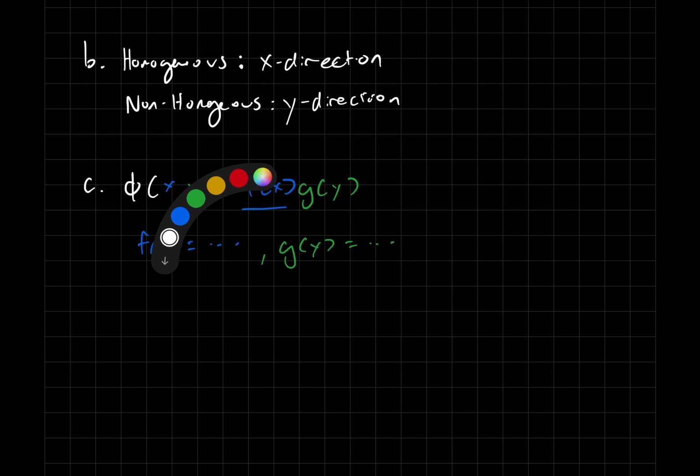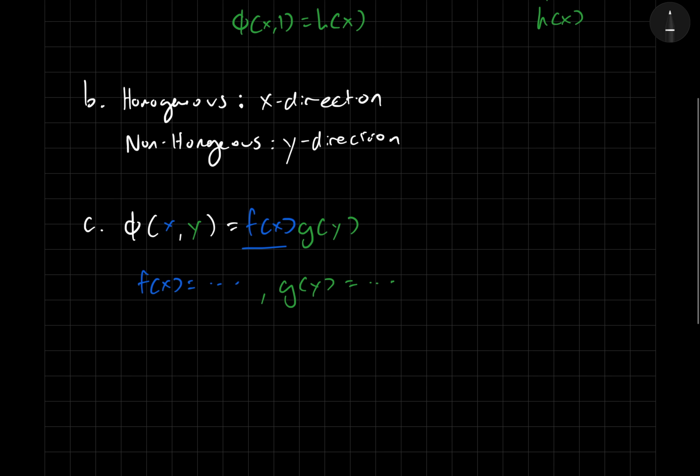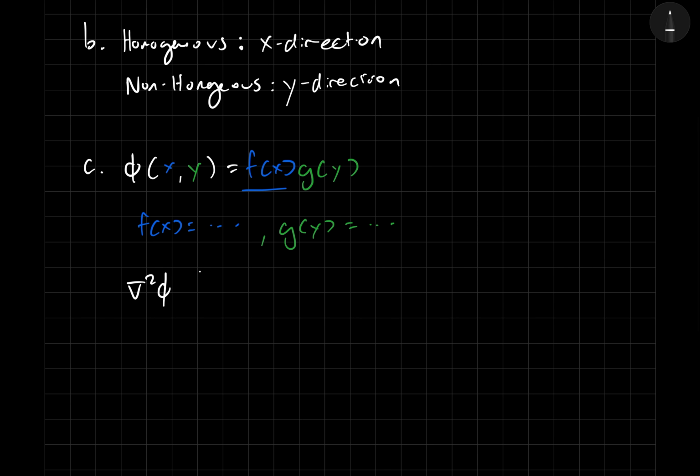To do this, let's note that the Laplacian is directly written as d squared dx squared plus d squared dy squared of phi equals 0.